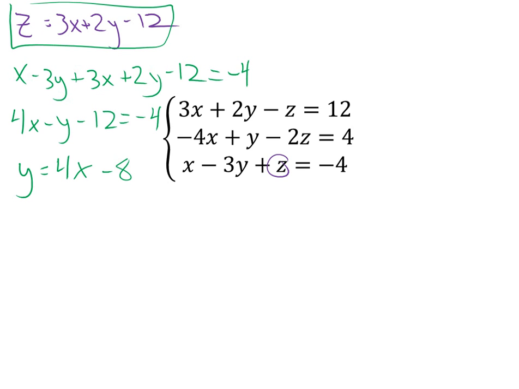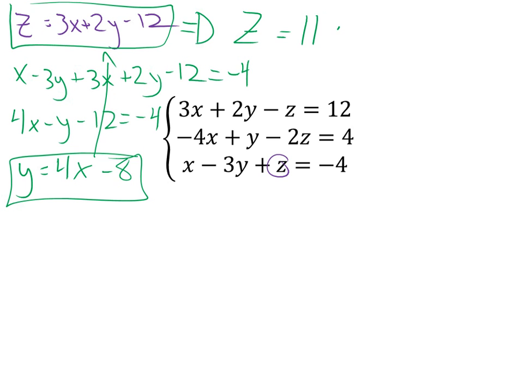Okay, and now I'm going to box this one. I'm going to take this and plug it in for that y. And so my z becomes, z is equal to 11x minus 28. Okay, so I just plugged the 4x minus 8 into the 2, so that got me 3x plus 8x minus 16 minus 12. Okay, and now I'm going to box this one.